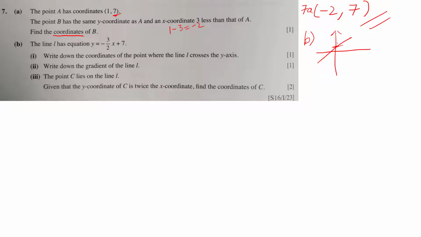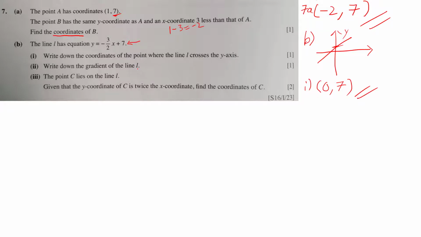So when it cuts the y-axis, as I have mentioned in the previous slide, x is 0, y is 7, because 7 is the y-intercept. And if you do not believe me, you just substitute 0 into x, y will be equal to 7. So this will be your answer for part 1.